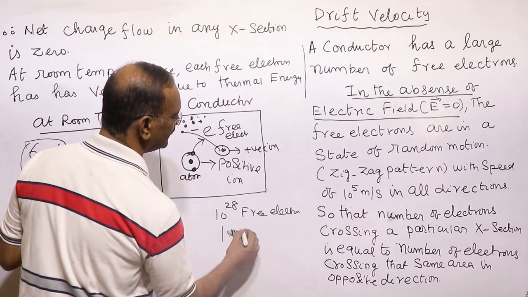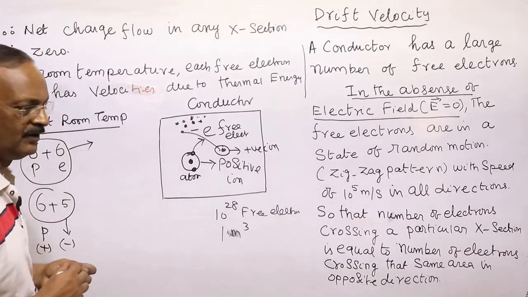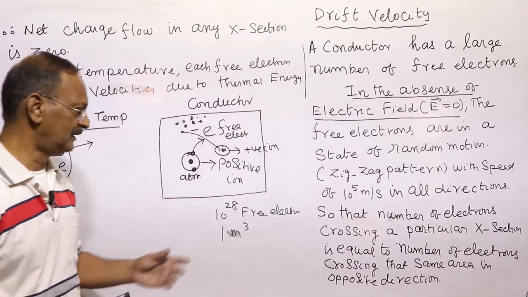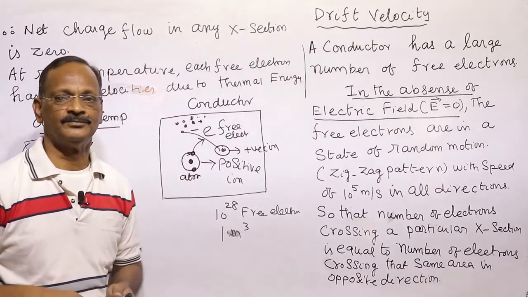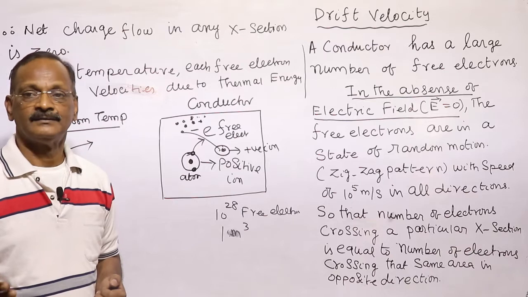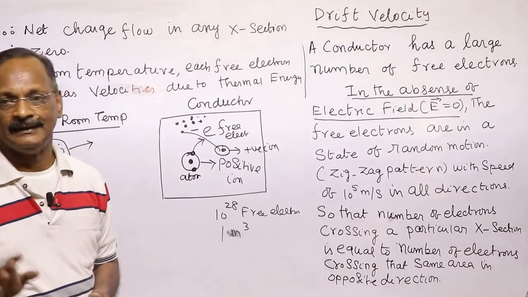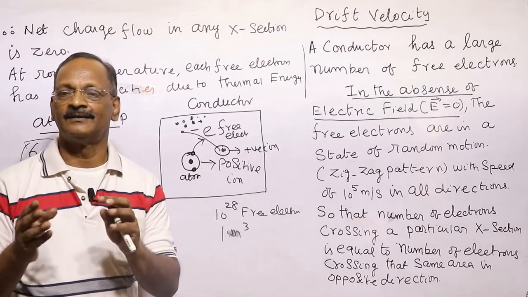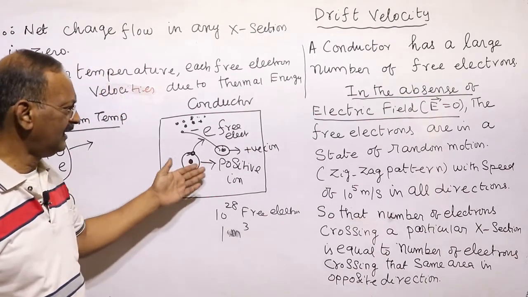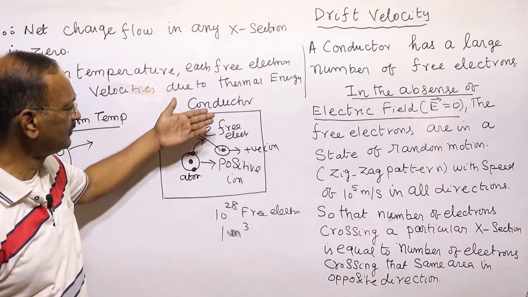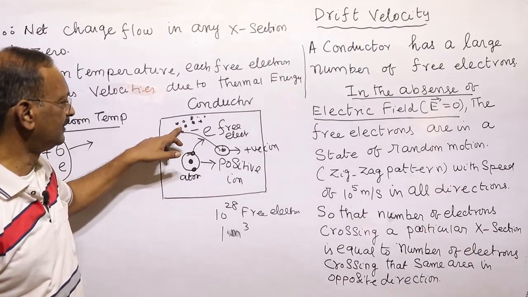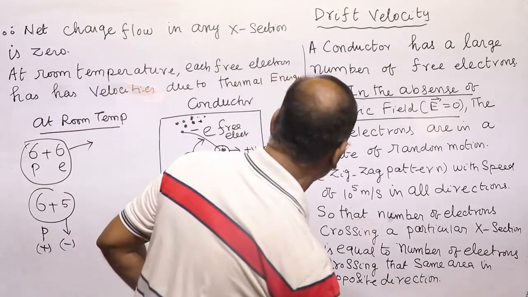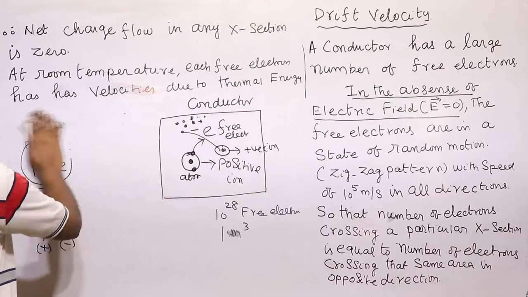It means in a given volume of 1 meter cube, there will be 10 to the power 28 free electrons available, and all these electrons come out from the large number of atoms present in the metal. Where do free electrons come from? They come from the atoms of the metal and go out of the atoms, becoming free electrons, but these electrons cannot go out of the conductor.